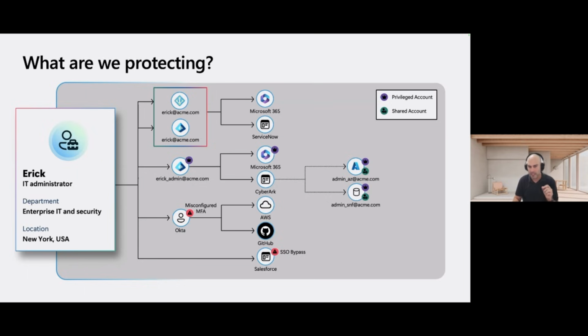This admin account is a privileged account within Entra, and it's not used daily, but from time to time when Eric needs to elevate his permissions and do some administrative actions, either within the M365 suite or even beyond that, because from this privileged account, Eric can sign into CyberArk and then either elevate his permissions or use a privileged account stored in the PAM. In that case, it will be CyberArk.